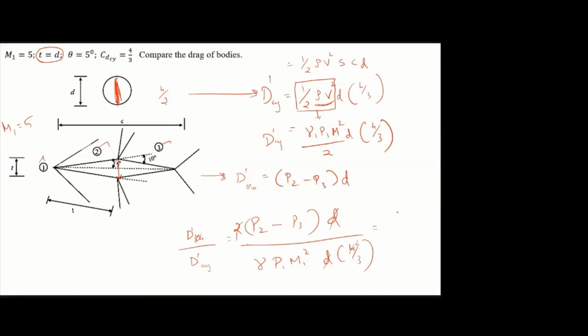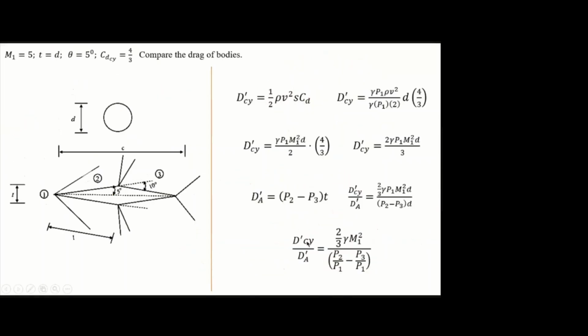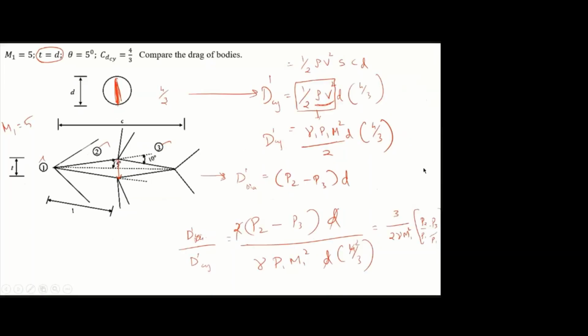So the remaining I can write as 1 divided by, okay, 3 divided by 2 gamma M1 square (P2 by P1 minus P3 by P1). Is that correct? I have taken diamond first, cylinder second, as numerator and denominator. Here it is just the inverse: cylinder divided by diamond shaped aerofoil. This is easy.